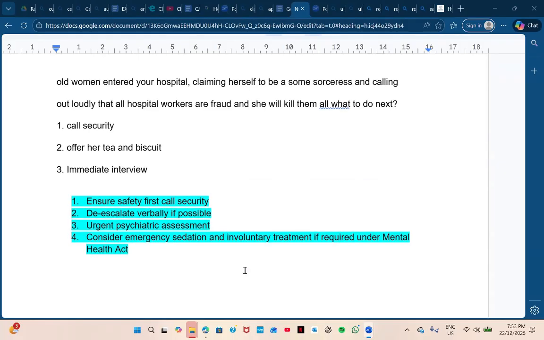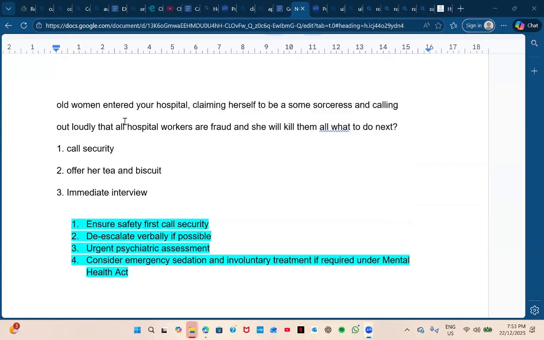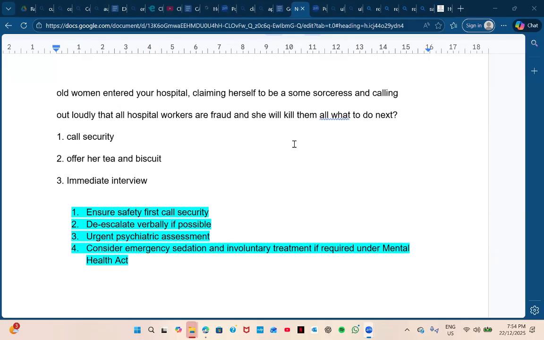Then we think about the mental health act and other interventions like involuntary treatment, because the patient is threatening others. In that case, we use the mental health act for involuntary treatment. They're asking what to do next, so call the security.